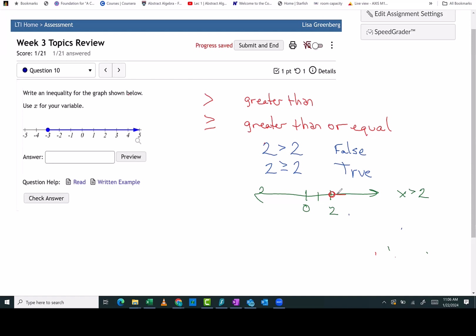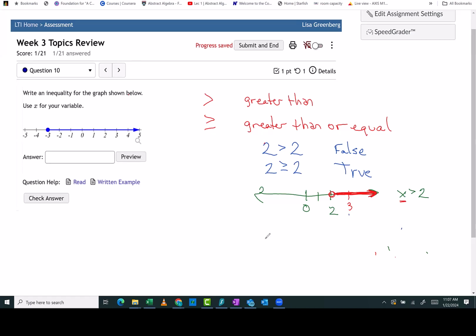The numbers going to the right are all greater than 2, and here's 3. All these values are what I'm looking for for x.